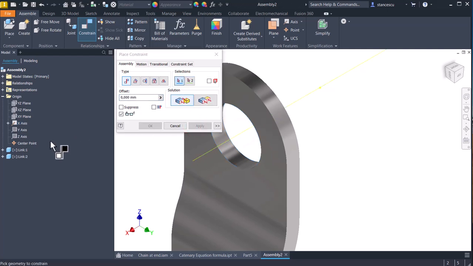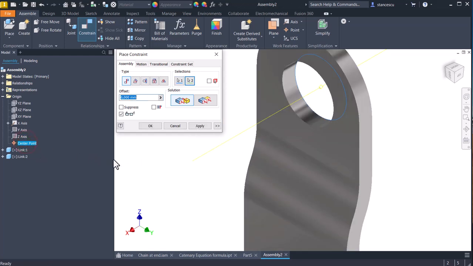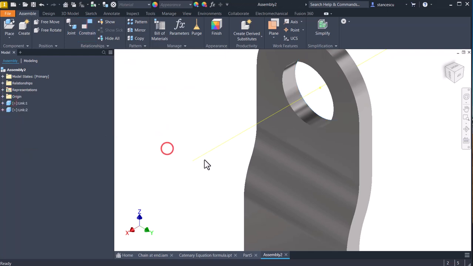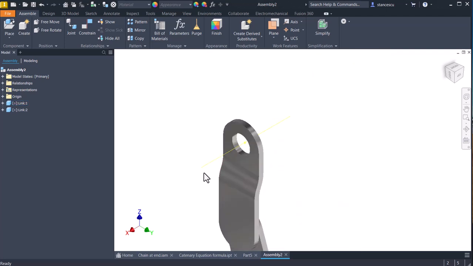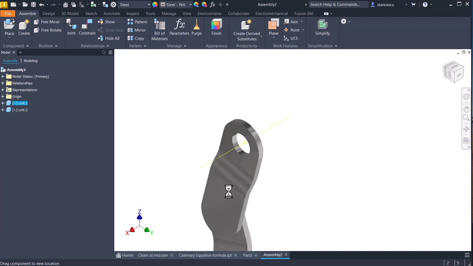And I also place the center point of this circle over the center point of the assembly. Okay, now I can rotate this first link.